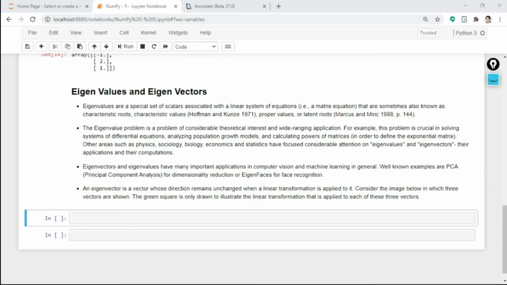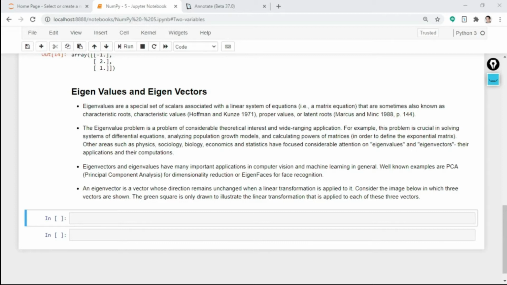Sometimes they are known as characteristic roots or characteristic values. So it has many usages in many applications. So first, they are crucial in solving systems of differential equations, analyzing population growth models, and calculating powers of matrices.